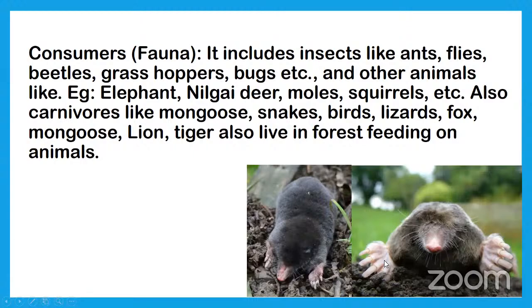They dig deep into the soil and they live in burrows. Moles, squirrels, etc. These are all herbivorous animals. And the carnivores: mongoose, snakes, birds, lizard, fox, lion, tiger. These are all carnivores present in the forest ecosystem.